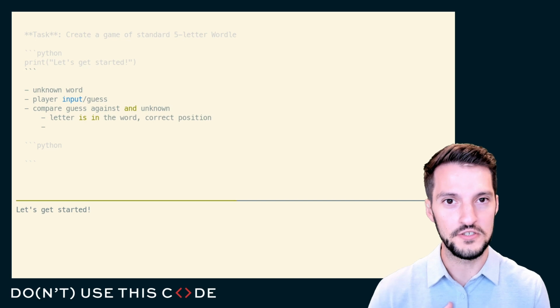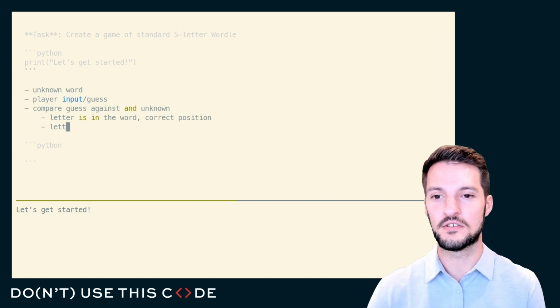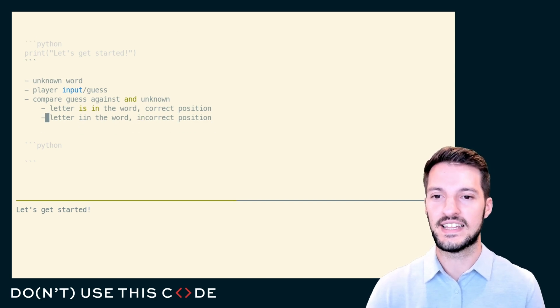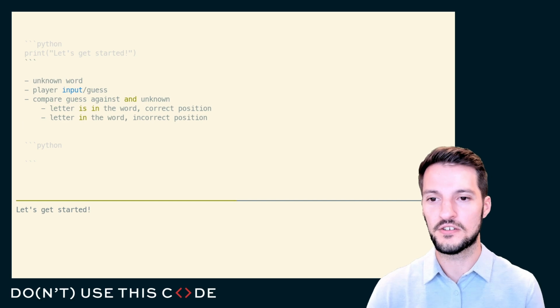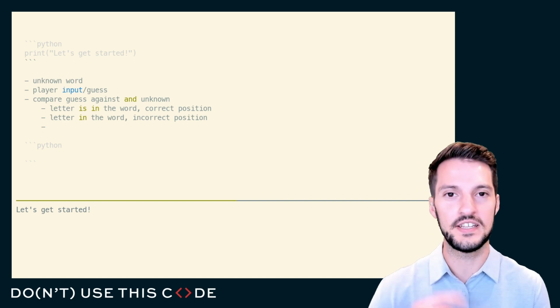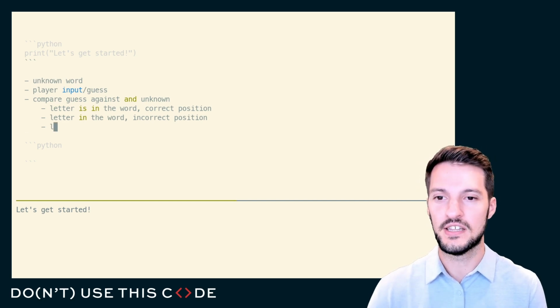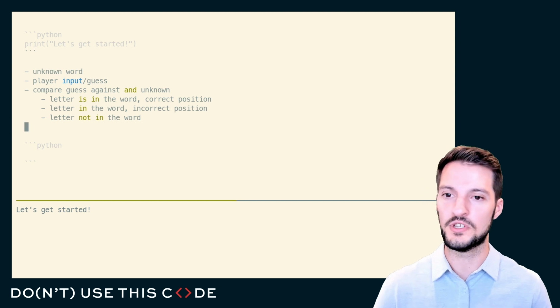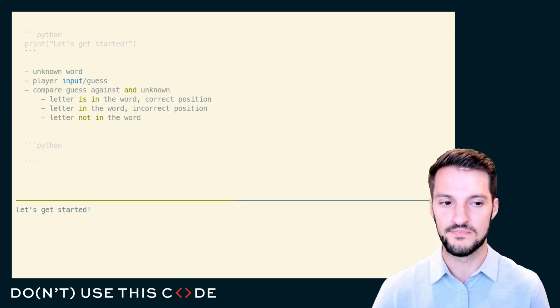Or if your letter turns yellow in Wordle, it means the letter is in the word, incorrect position. And lastly, if our letter turns neither of those colors and instead remains a dark background, that means the letter is not in the word at all. Those are the 3 different outputs that you get when you perform this type of comparison.